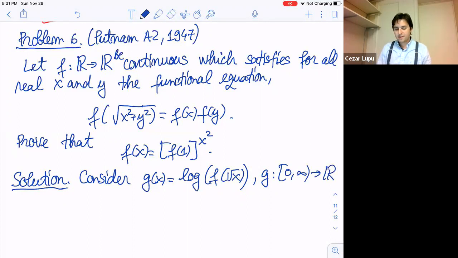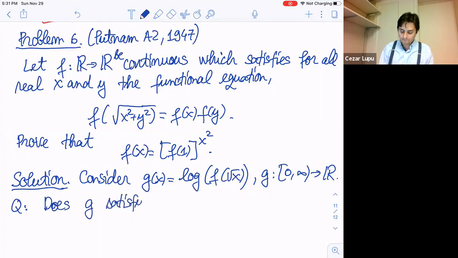Let's see, does g satisfy the Cauchy functional equation?